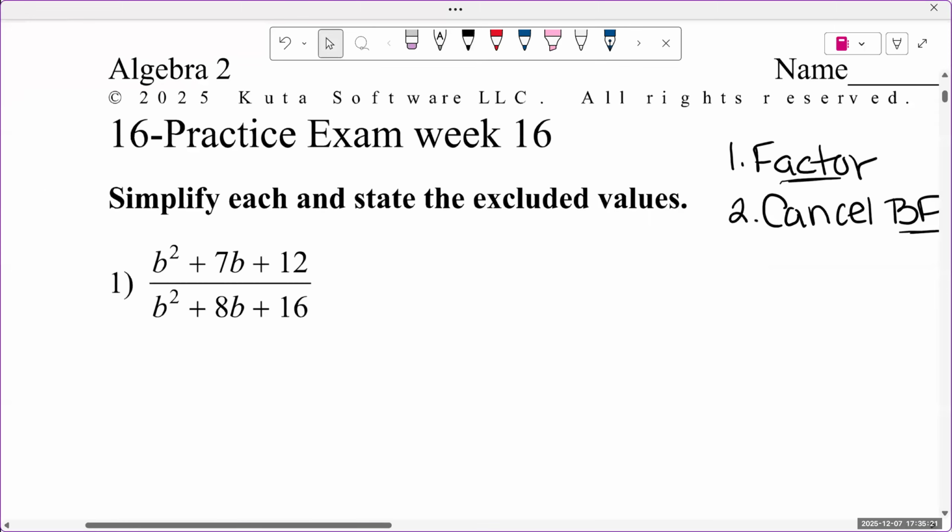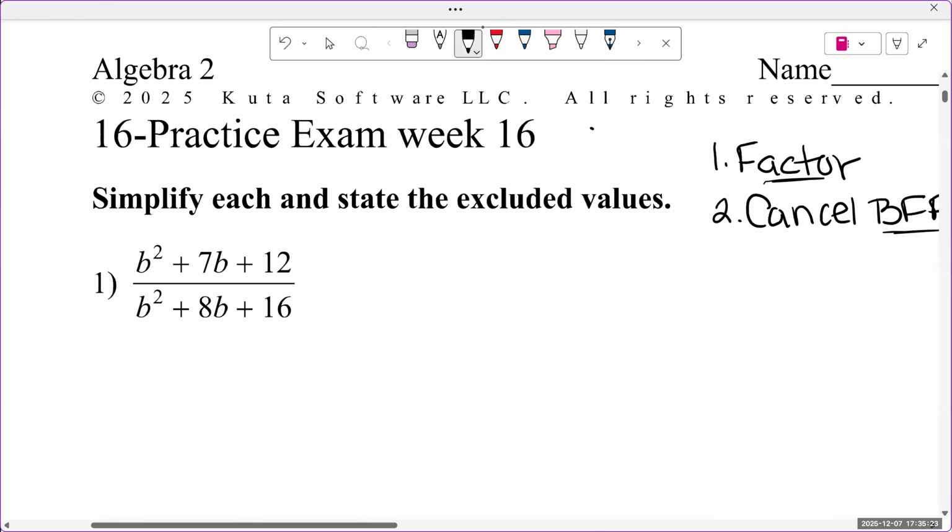So we cannot cancel the 12 and the 16 because these are being added. You have to cancel things that are being multiplied together. So, step one, factor. I make a diamond: two numbers that multiply to get 12 and add to get 7. So we have b plus 3, b plus 4.